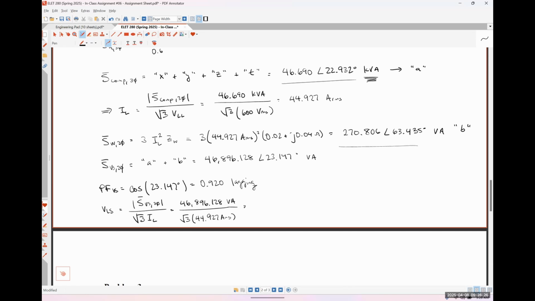So let's see, the magnitude of what I have stored in my calculator as C divided by √3 times that 44.927 and change. I got 602.650 volts RMS.